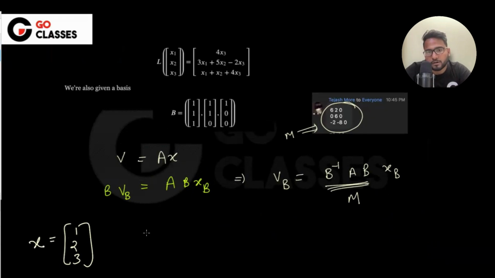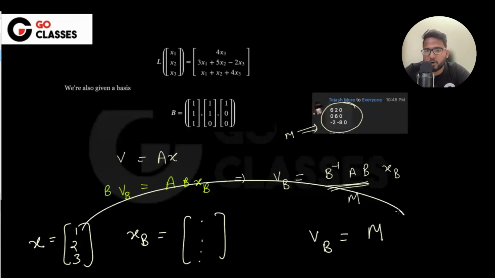Just find out x in the basis B. Whatever this is, can anyone tell me what is V of B? M into this x of B. M is taking x of B.